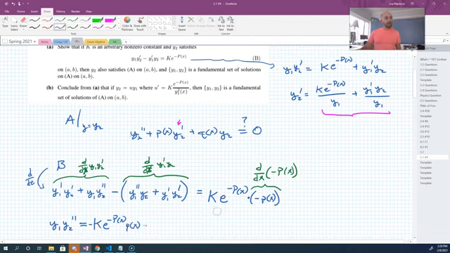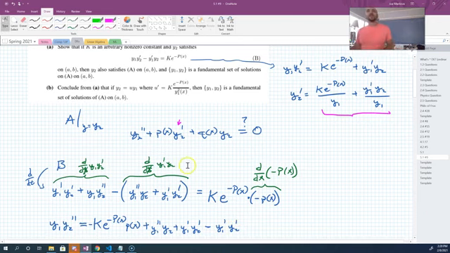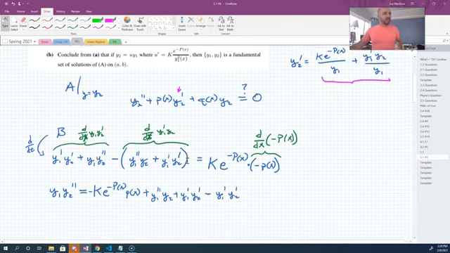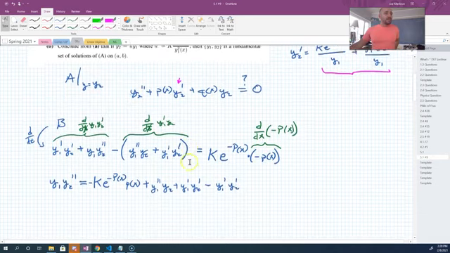And then I have a plus y1 double prime y2 plus y1 prime y2 prime. That's all this piece. And then I'm going to have minus that thing. So I've got minus y1 prime y2 prime.